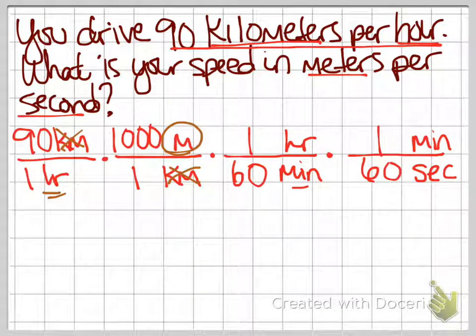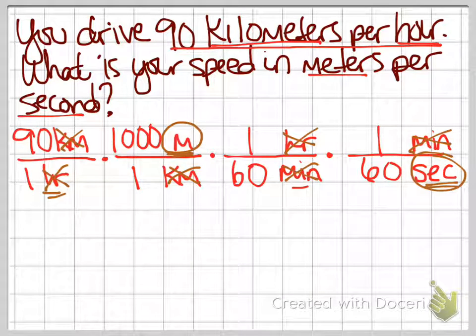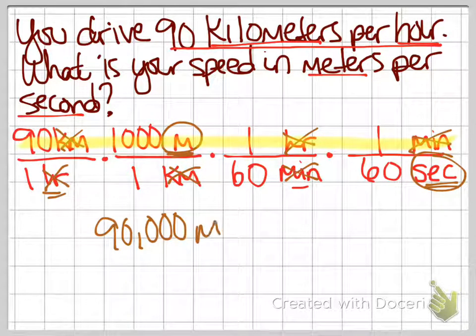So now again, when we see our conversion factors, we have our hours on the bottom cancel with hours on the top, and minutes on the bottom cancel with minutes on the top, and we'll be left with seconds. When we multiply across all these numbers across the top, we are going to get 90,000, and our label is meters.